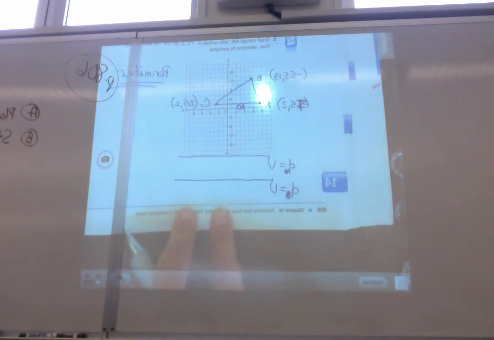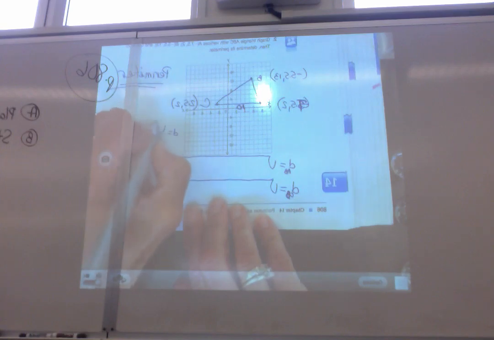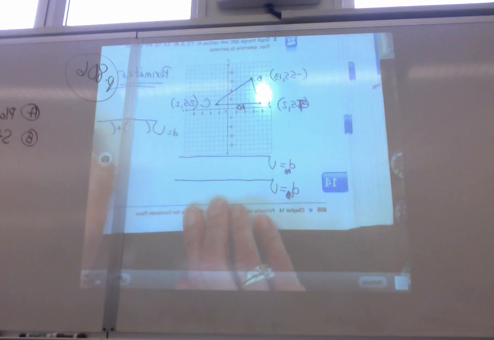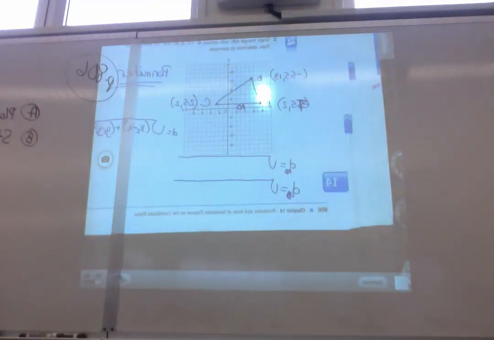Do we need to remember what that formula is? What do we do with the x's and y's? You subtract them and square them. So x2 minus x1, y2 minus y1. All right, go ahead. I'm going to walk around the room.